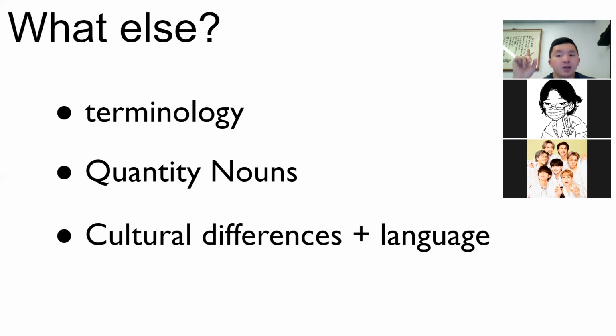But still, I didn't give you the answer why we have to learn 2 different number forms. So depending on the quantity noun, you have to decide whether to use a Korean number or a Korean Chinese number. That is a bit tricky actually. But don't worry, we're going to see a lot of things.